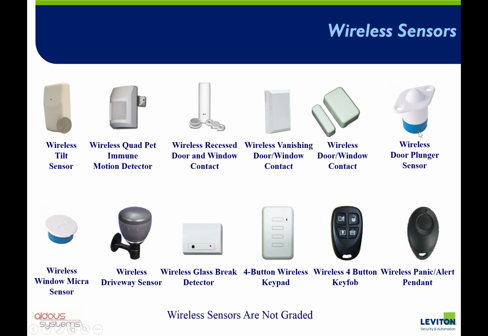This one here is quite interesting. It's a great little, again, concealed door sensor. You can put that in the door frame on the hinge side, and when the door closes, it pushes the button, which is obviously secure, and when the door opens, the button releases, which is then in alarm state. And then down here we have another little wireless window sensor.